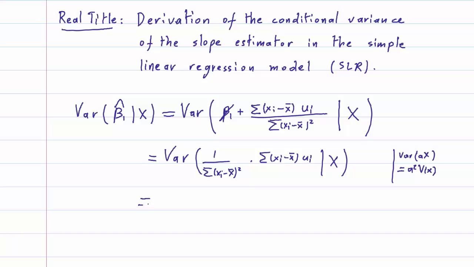It's like it's a constant, and we have 1 over the sum of (xi minus x bar) squared, and the whole thing here is squared, times the variance of the sum of (xi minus x bar) ui conditional on x.